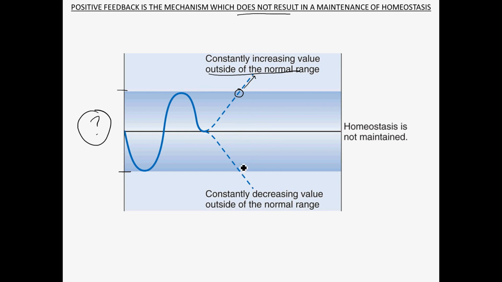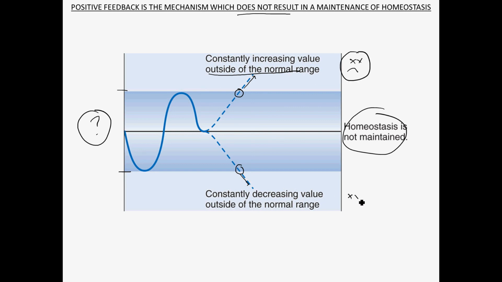The same thing is also true down here. So if whatever you're measuring reaches the lower limit, right, you have this decreasing value outside the normal range, and again this continues out here. So notice that homeostasis is not maintained because your values are above the upper limit and below the lower limit. Right? Ultimately, if you stay up here for too long, then this can cause death, which is not a good situation.